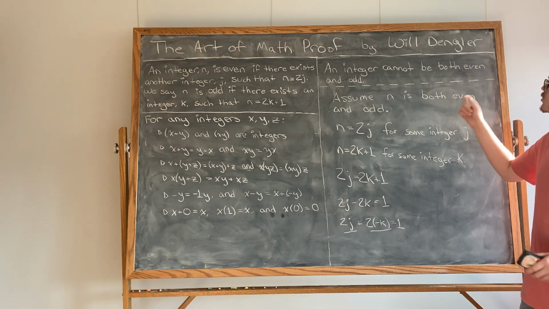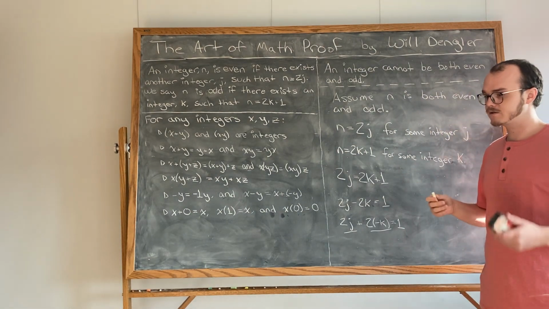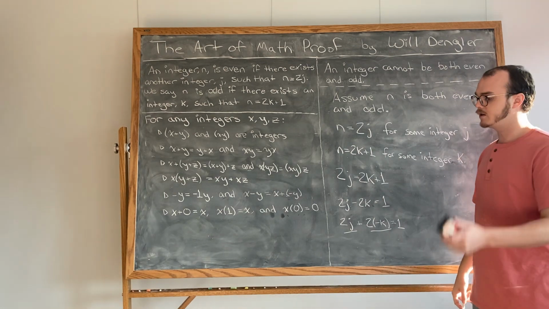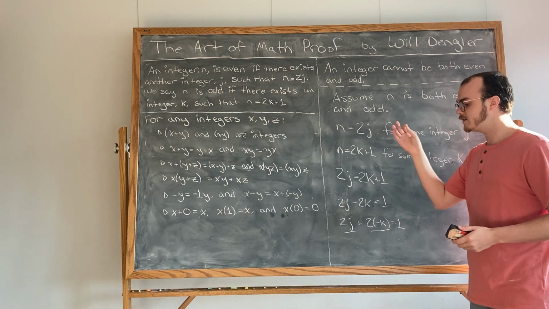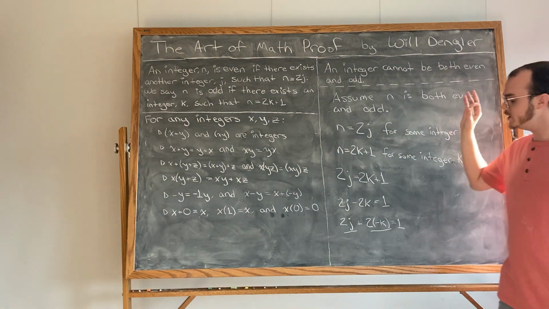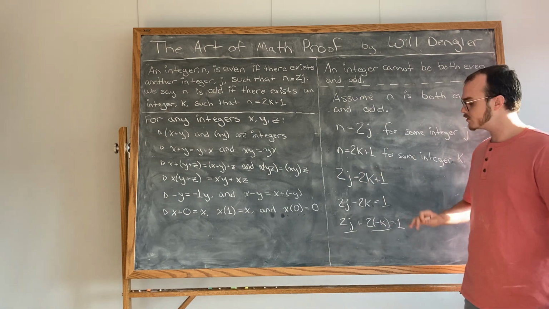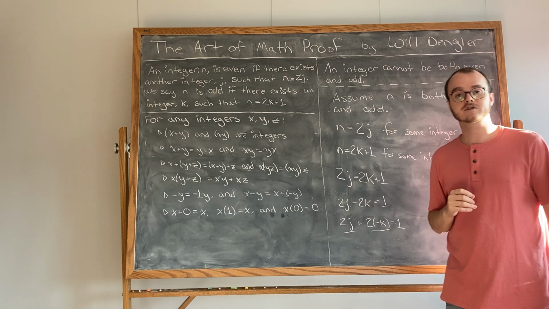So we wanted to show that no such integer could exist where that integer was even and odd. In order to do so, we assumed we had that very integer. And then after that assumption, we simply followed our definitions and our rules of algebra and facts we knew from previous proofs.